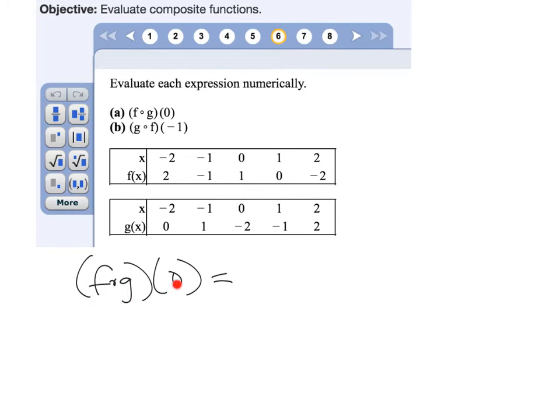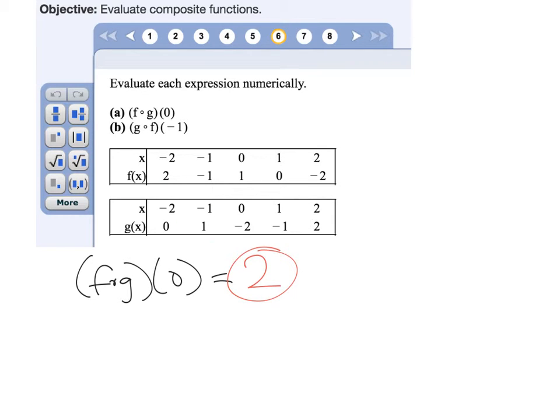When we take 0 and put it into g, we get negative 2. Now we take that negative 2 and put it into f. Here it is, negative 2, we put it into f, and what do we get? We get 2. And there's our answer. They've done all the math for us. It's like a lookup table.